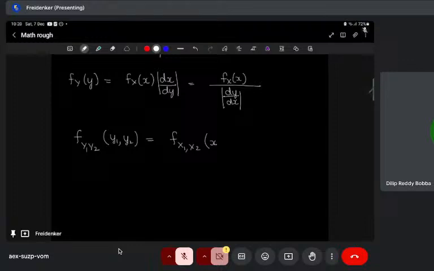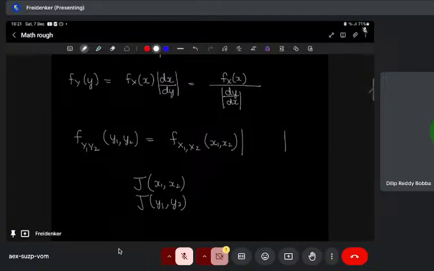I'm just writing whatever I'm taking inspiration from the one dimensional case. I'm drawing parallels between them. Okay, x1 x2. Now we will get a mod. What do we write inside the mod? Do we write Jacobian of x1 x2, or do we write Jacobian of y1 y2?